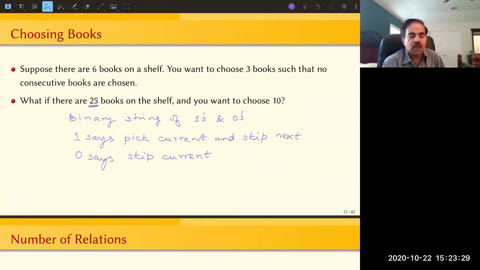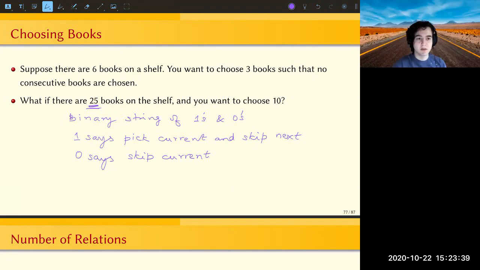So how many bits, if there are 25 books, do we need to tell us exactly what to do? Greg? 15 bits.